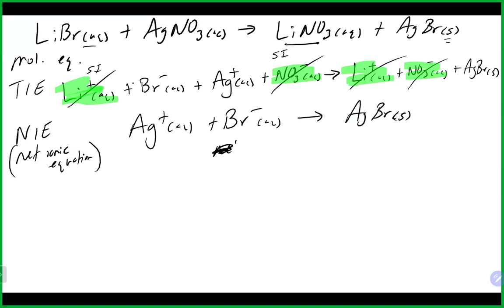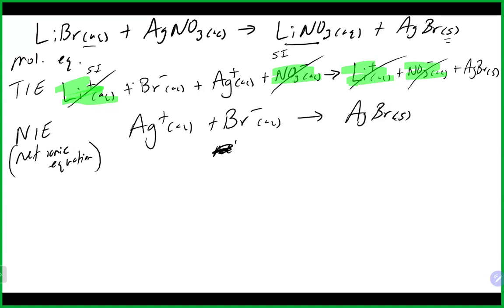The answer to the question you might have is that it doesn't matter if you wrote Br minus plus Ag plus, as long as they're on the correct side of the arrow. Usually, like in nomenclature, positive things come first, before negative things. So that's usually the order people write the net ionic equation in: positive first, then negative ion.